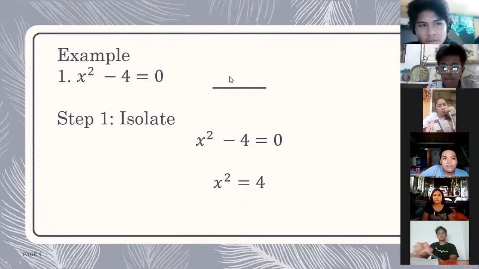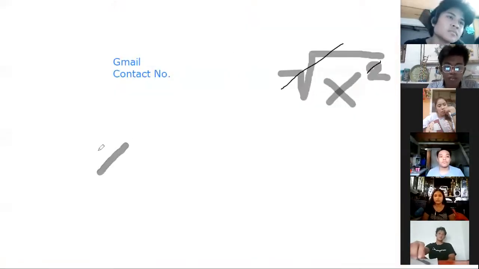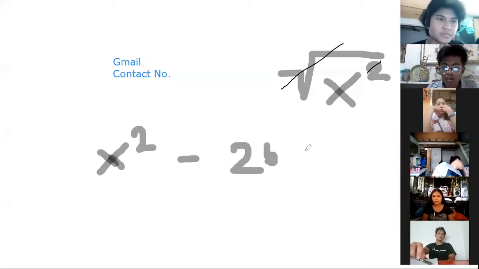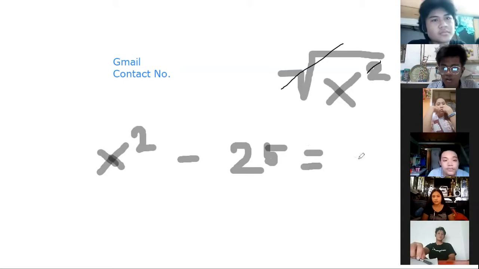Halimbawa, gumawa din tayo ng isa pa. Okay. Halimbawa, meron tayong x squared minus 25 equals 0. Okay. Tanong.